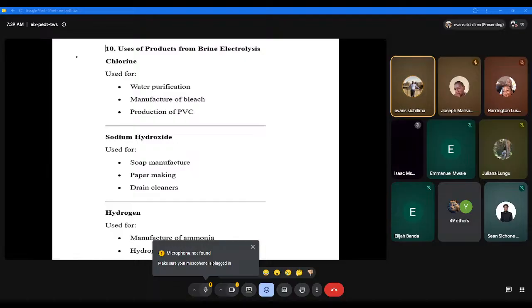So the vegetable oil, when you hydrogenate, you do this in organic chemistry. I think towards the end of your first year, or those of you who continue with chemistry, you go into the details of how to produce margarine.